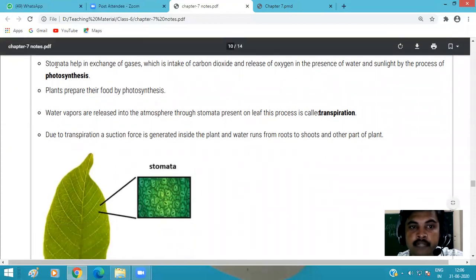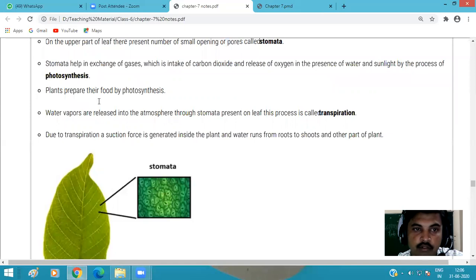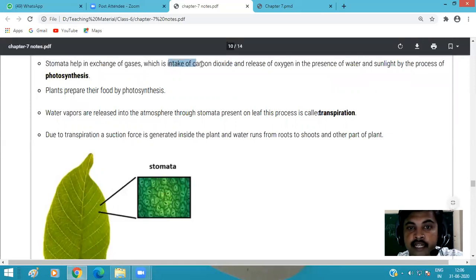Stomata help to exchange gases. What is the function of stomata? They help in the exchange of gases, to release or absorb gases like oxygen and carbon dioxide. In the daytime, they take in carbon dioxide and release oxygen in the presence of water and sunlight. This is the process of photosynthesis.